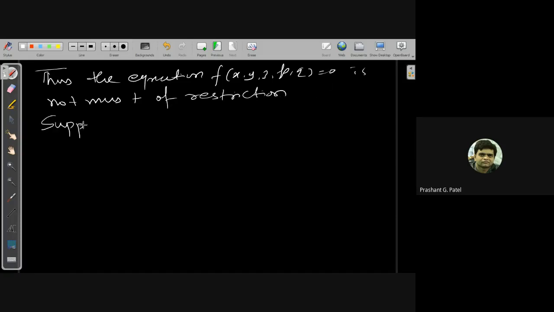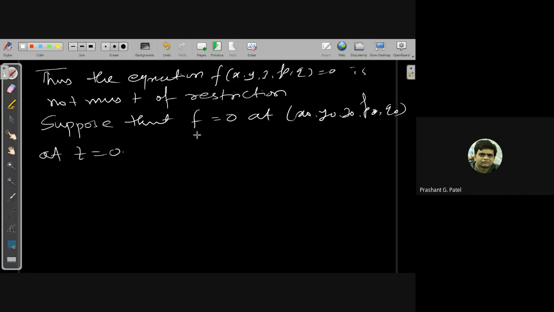Suppose that f equal to 0 at point x0, y0, z0, p0, q0 at point t equal to 0, then the unique solution is possible.